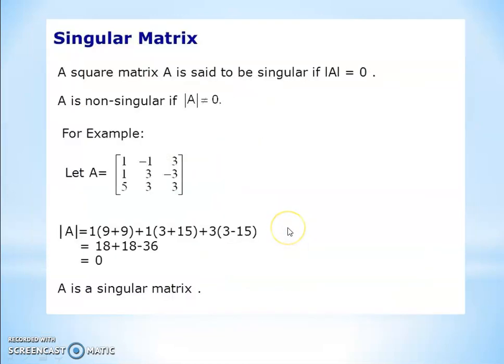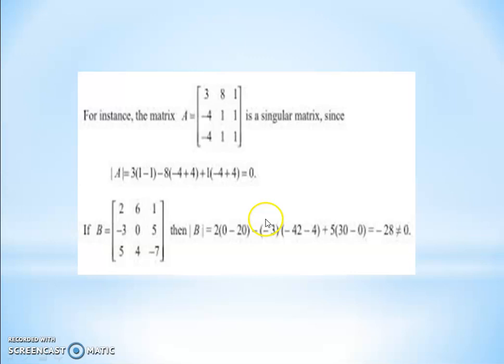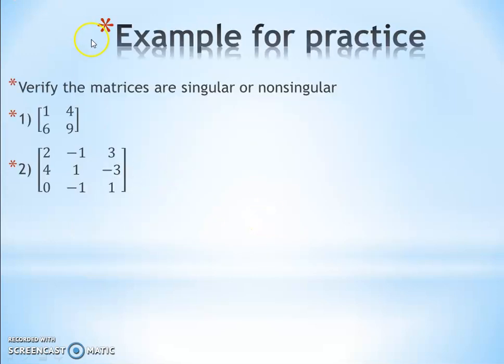So students, I give an example for practice. We have to practice and get the determinant value. The 2 by 2 order matrix is 1, 4, 6, 9. The 3 by 3 matrix is 2, minus 1, 3, 4, 1, minus 3, 0, minus 1, 1. Your work is to first find the determinant of the 2 by 2 matrix, then the determinant of the 3 by 3 matrix.